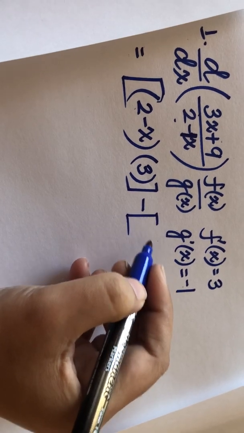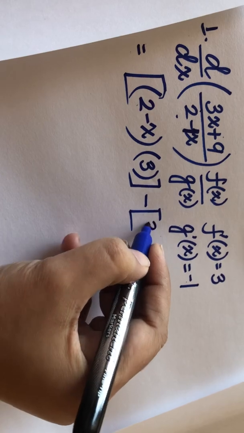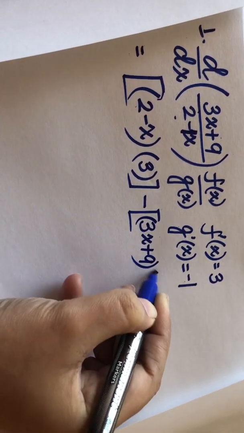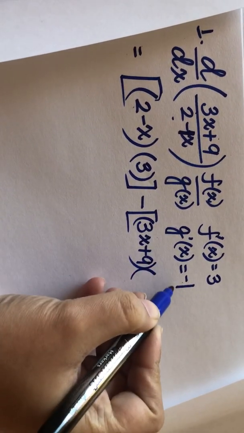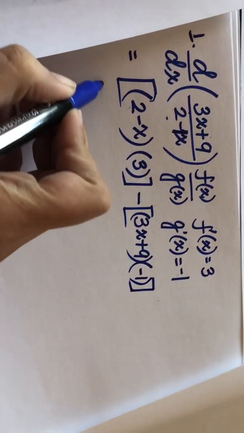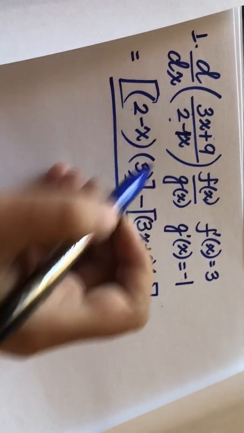Then comes f of x, our original function, which is 3x plus 9, times g prime x. G prime x was -1 right here, so we can apply that, -1. Over everything divided by g of x, my original function, whole squared.